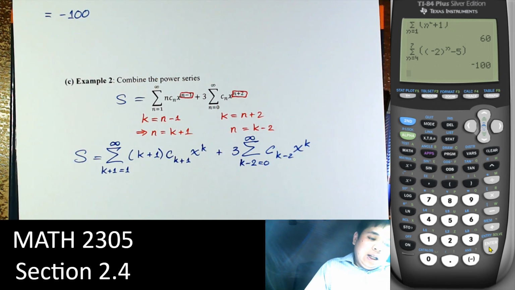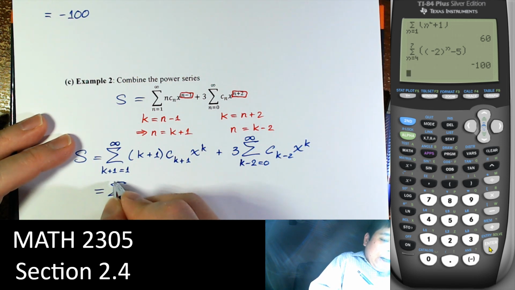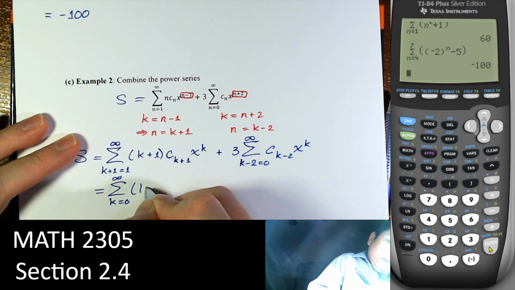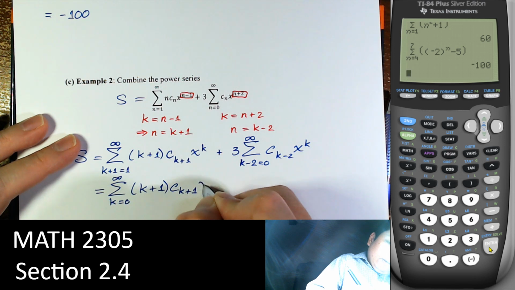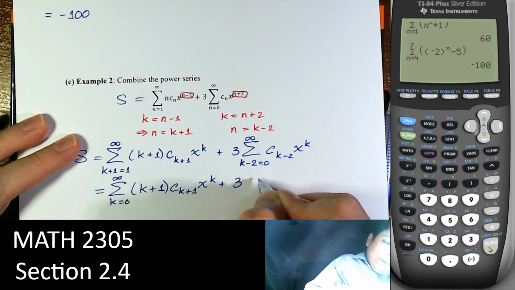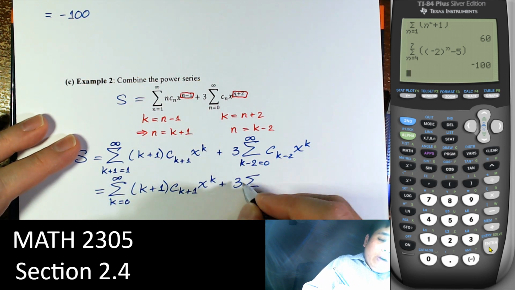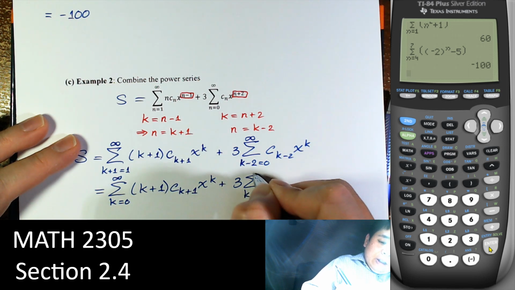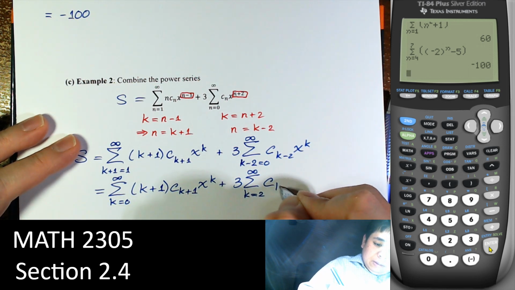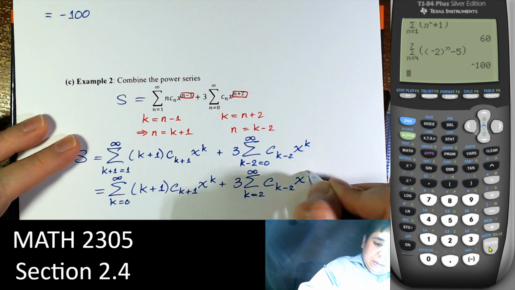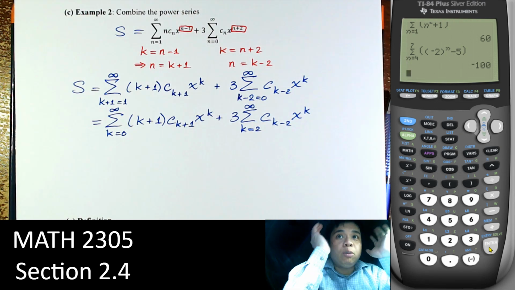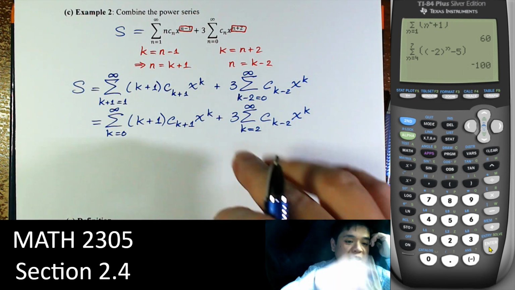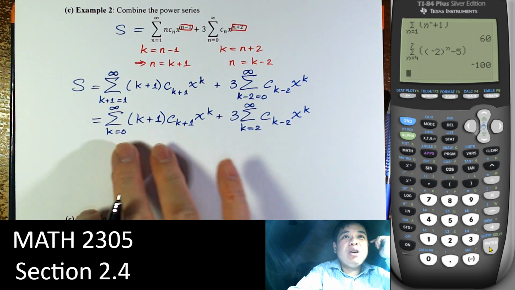Right, let's simplify. Subtract 1 on both sides, k equal to 0. Move the 2 to the other side, we start from 2. By the way, this one goes to infinity, so there should not be any problem. Indefinitely, missing a few terms doesn't matter if we start from 0 or start from 2.